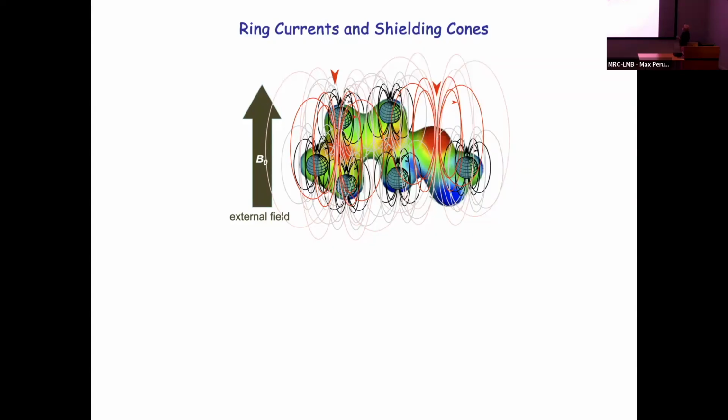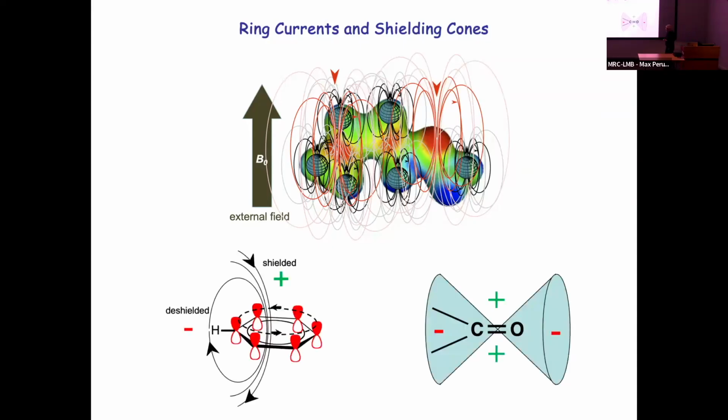Each of the different nuclear sites experiences a different local magnetic field, so they will all spin at a slightly different frequency. Remember, in the absence of additional magnetic fields, all nuclei of the same isotope will resonate at exactly the same frequency, but in practice they don't, because inside the molecule there's this landscape of local magnetic fields that is characteristic.